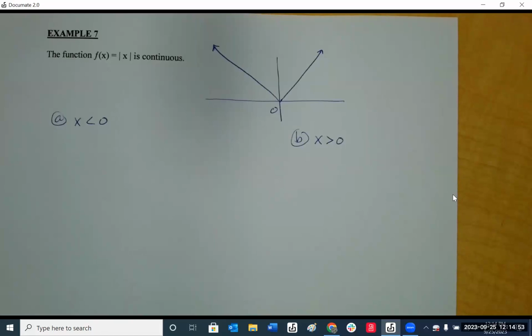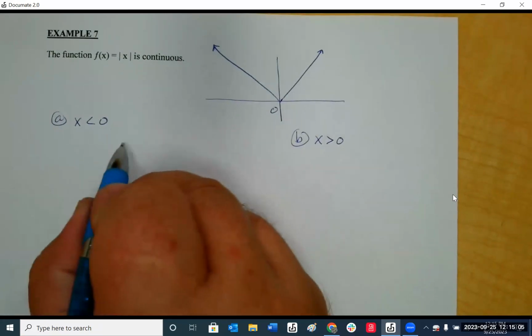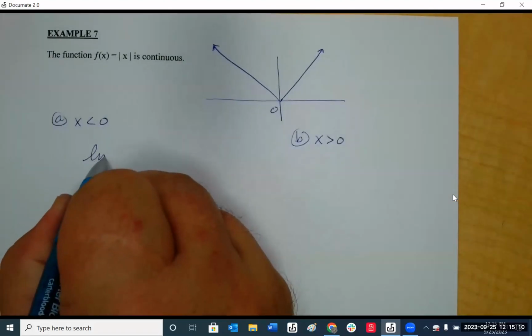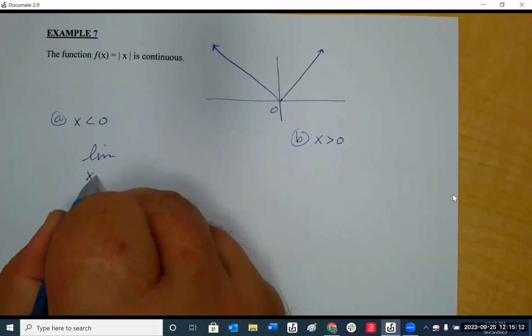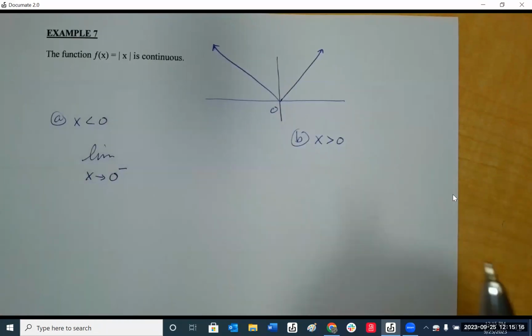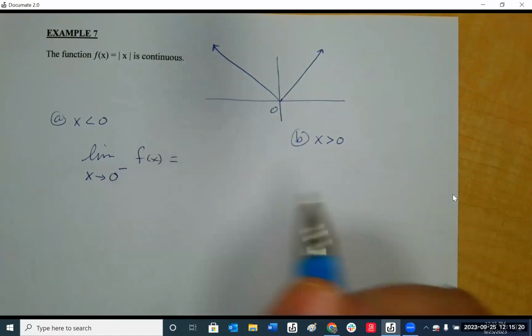When x is less than 0, the x is negative, but it's still a positive number, so f of x is still a positive number. So as x approaches, it's going less than 0. What was it approaching?